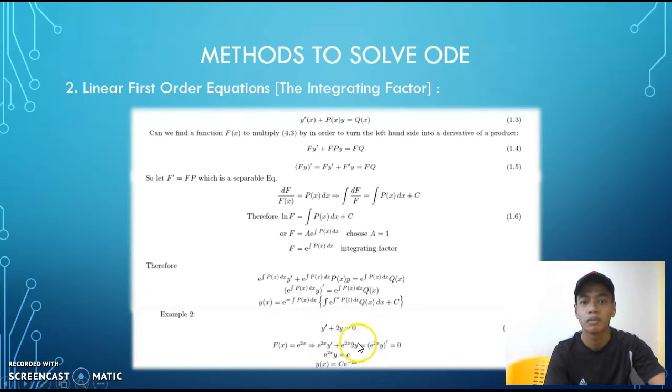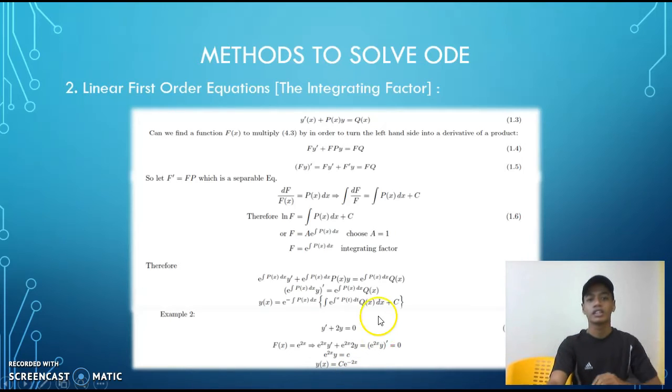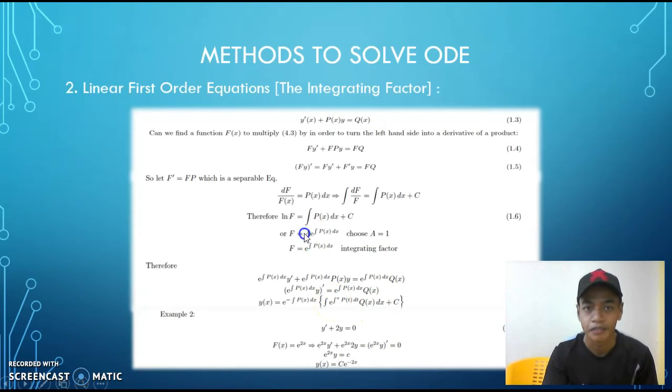Then we multiply to each term of this equation. We get e to the power 2x y prime plus e to the power 2x times 2y is equal to, we can simplify into (e to the power 2x y) prime is equal to 0. We can simplify and solve so that we get y(x) equal to c e to the power negative 2x.